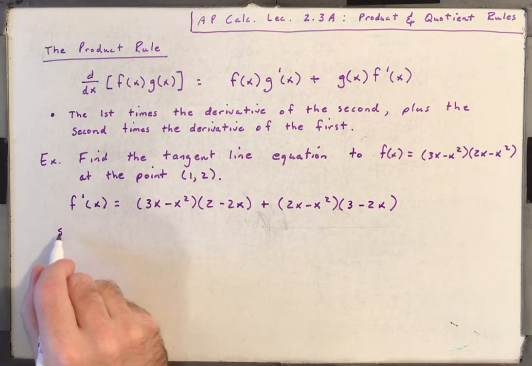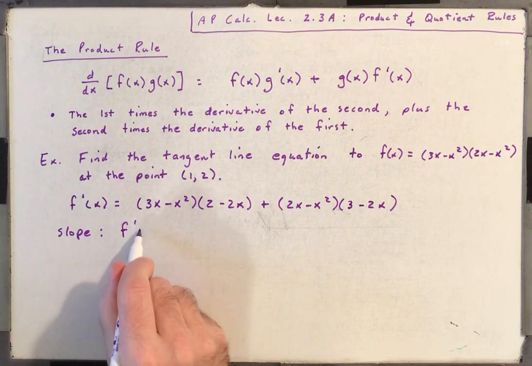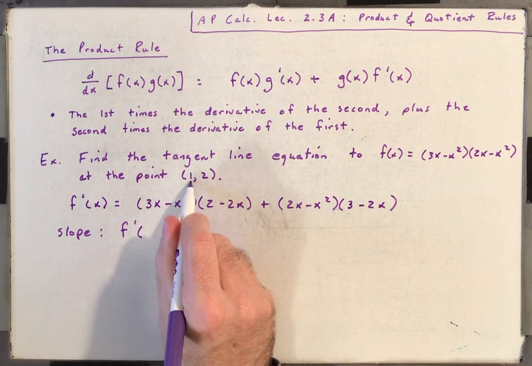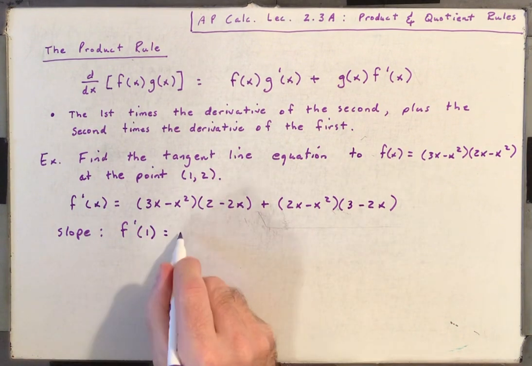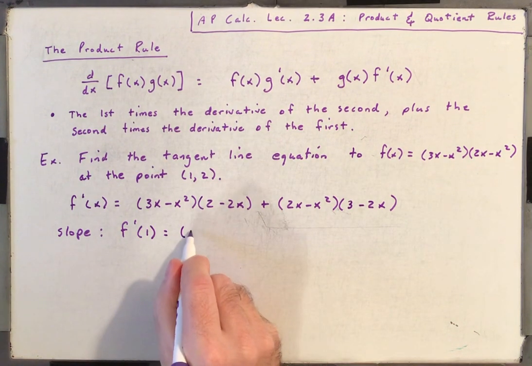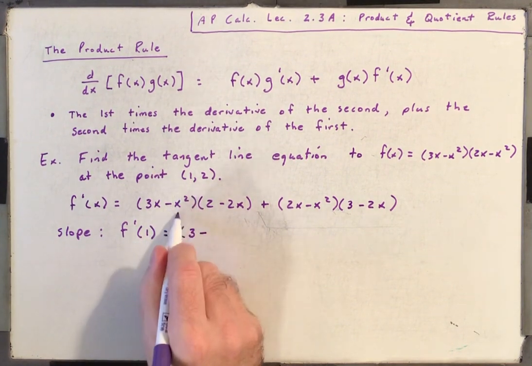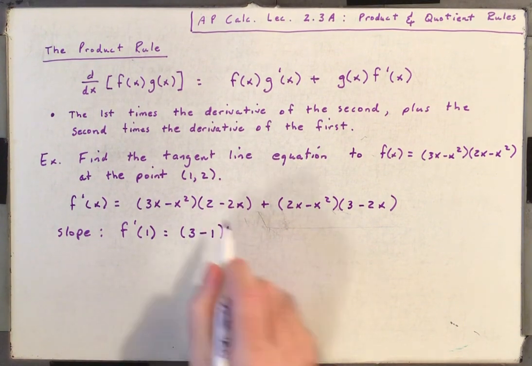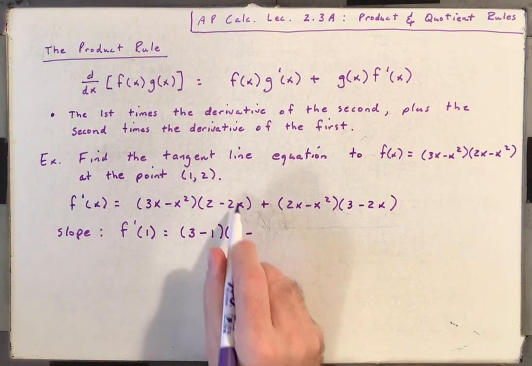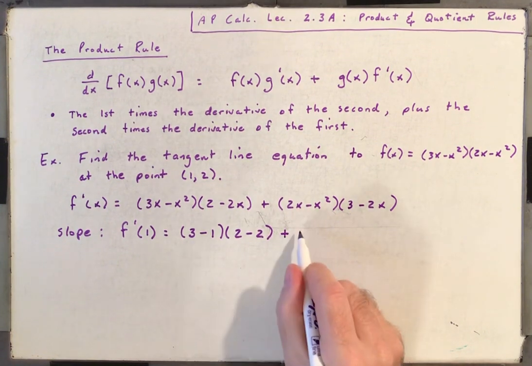Now to get the slope, we have to find f prime. We're going to plug in the x value. So we're going to plug in 1 into the derivative. That's going to be 3 times 1 is 3, minus 1 squared, which is just 1, times 2 minus 2, so that's 0, which is great.